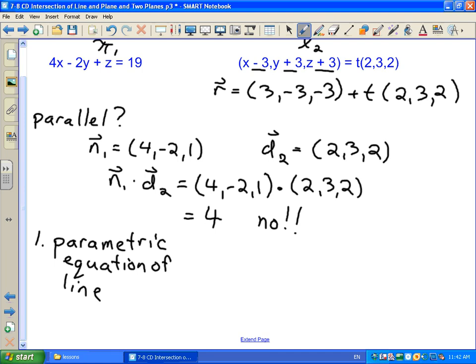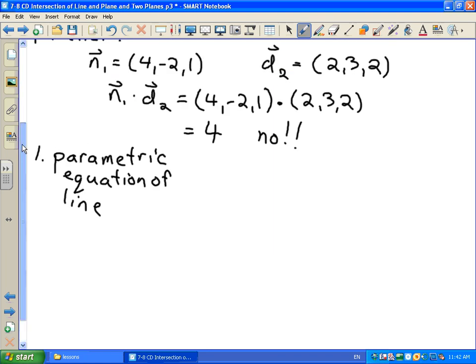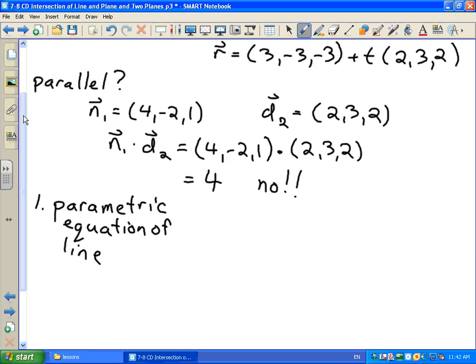So we've got our vector equation there. Let's just change that into parametric form. So we'll have x equals 3 plus 2t, y equals negative 3 plus 3t, and our z is going to be negative 3 plus 2t.